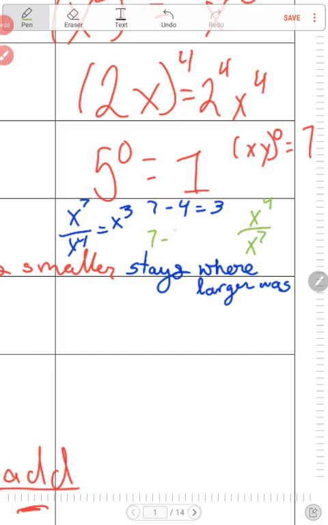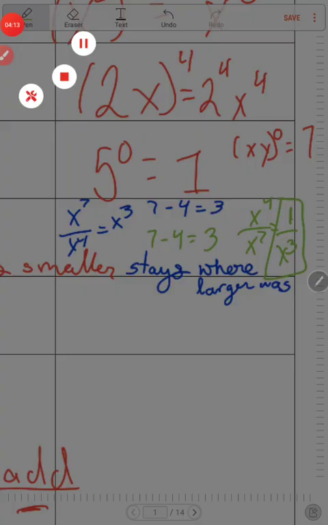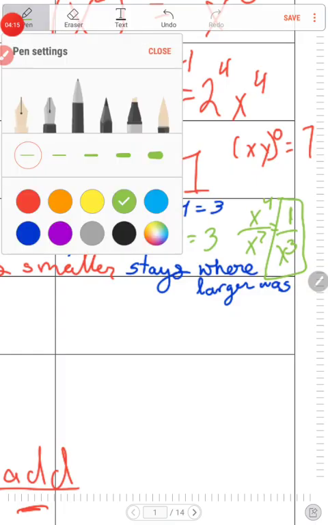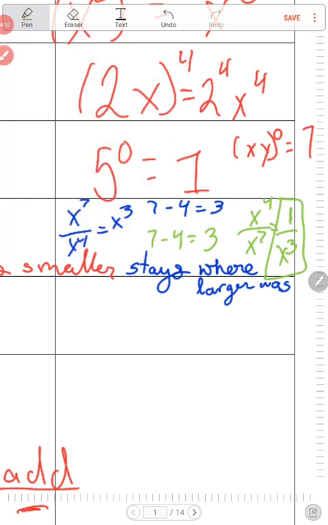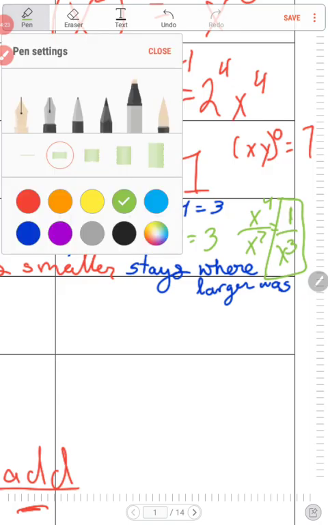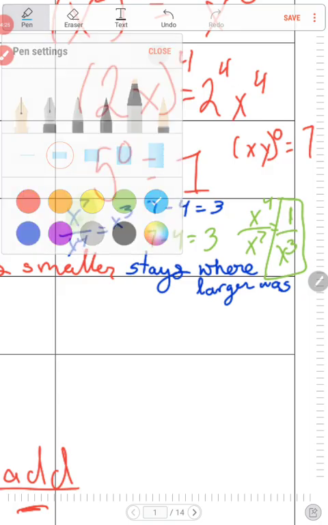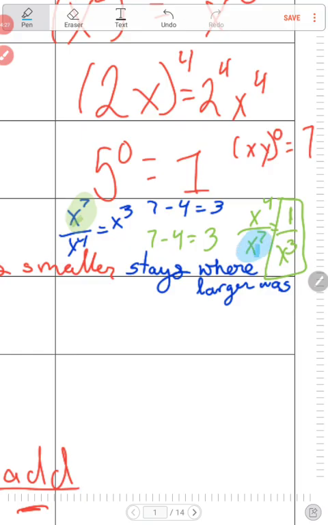Well, that would still be 7 minus 4, but now our larger number is in the denominator. So we can see that this is where this larger number was, and this is where that one was. So that's where our answers stayed.